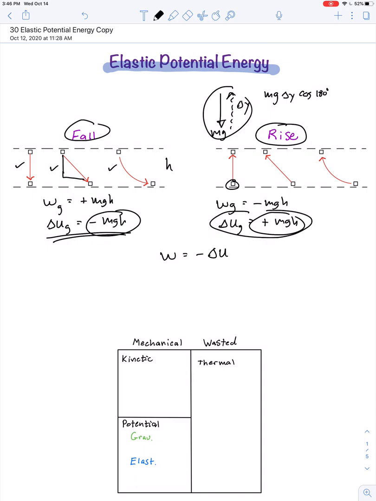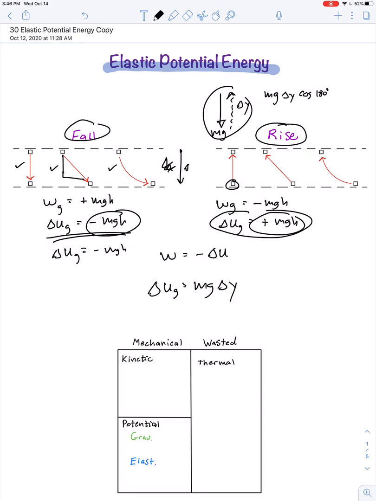Maybe we should replace the h with delta y just to make it easier, right? In other words, if an object's displacement is in the negative direction, then the change in gravitational potential energy will come out negative. So in that regard, we can just say that the change in gravitational potential energy is strictly equal to mg delta y.